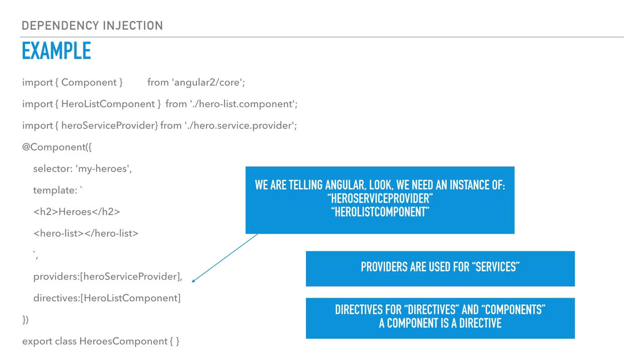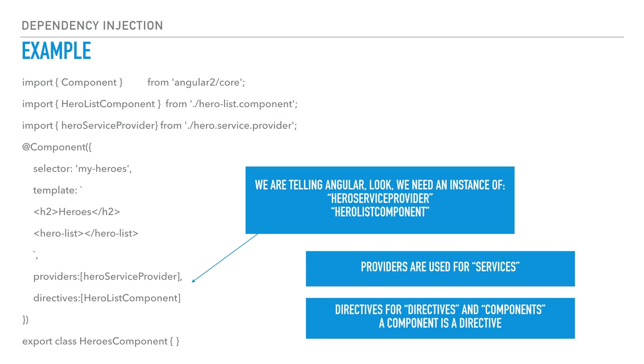We can assume that these are classes that are hosted or written in another file, but the most important is that we have an array of providers for our component, and we are telling the heroes component that we have a service that needs to be injected, and it's the hero service provider.